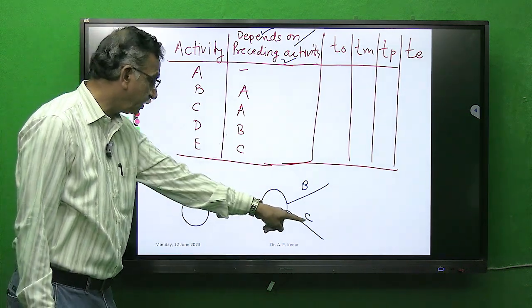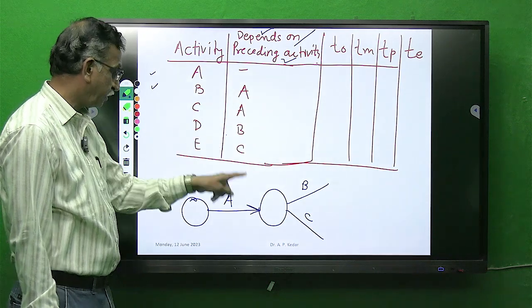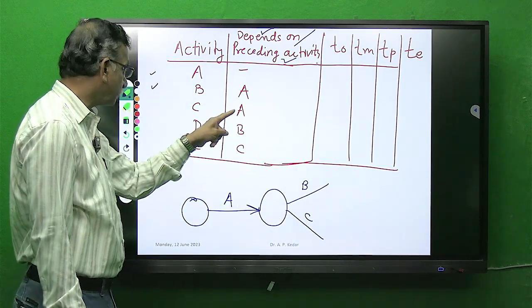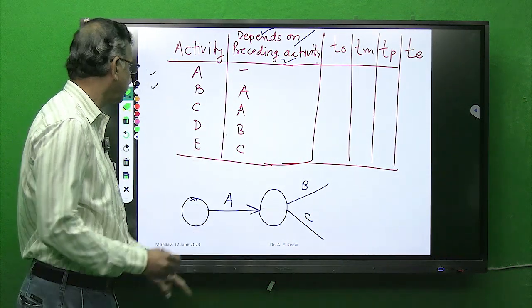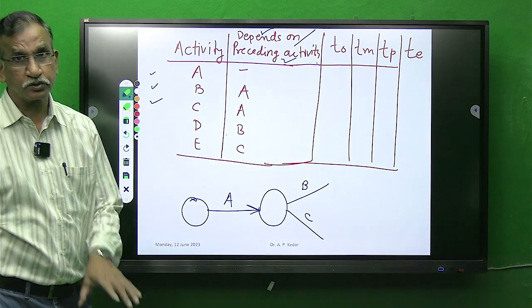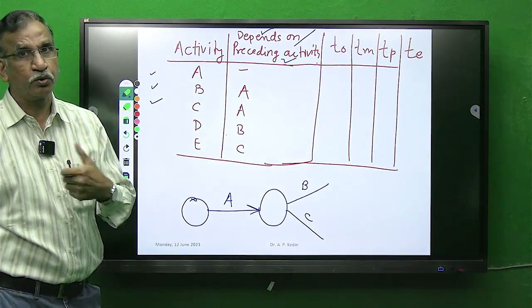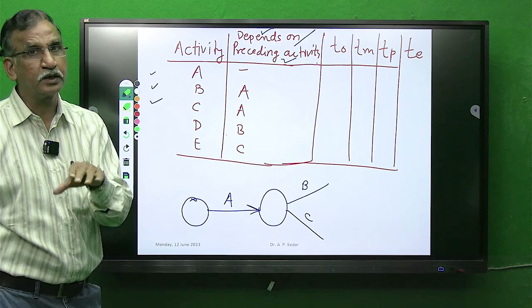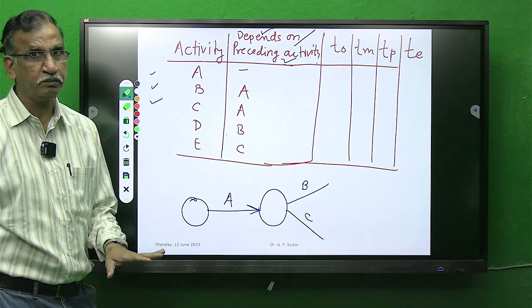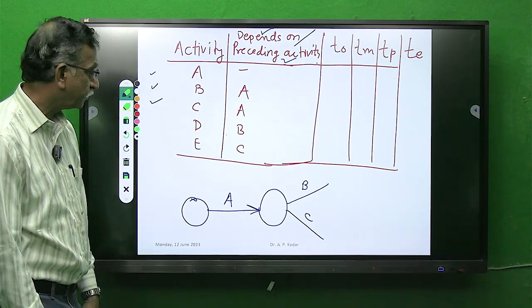Then I have drawn C which depends on A. Again I have drawn this. This is the cross-check mechanism, how to adopt to avoid mistakes in network drawing. That's what I am explaining to you.